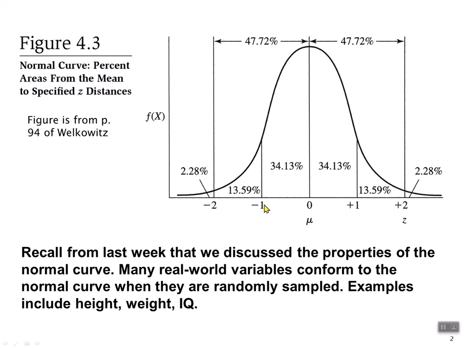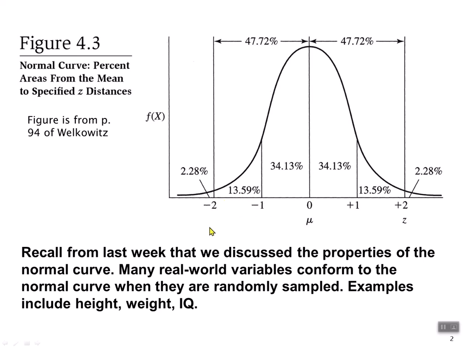And if you look at the space between -1 and +1, if you just add these numbers together, you're looking at 68.26% of the distribution falling between here and here. So most of us fall within this range, and then a few people fall above and a few people fall below.